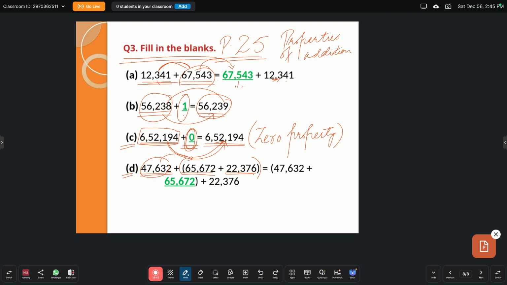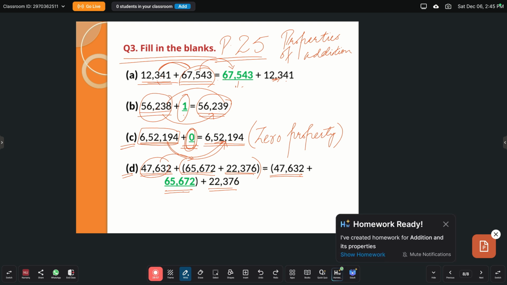Here there is written is equal, and here it is the first number. Then there is the blank, and we don't know what is there. Then there is another number. If you observe this part, you will find that this is the question of grouping property.